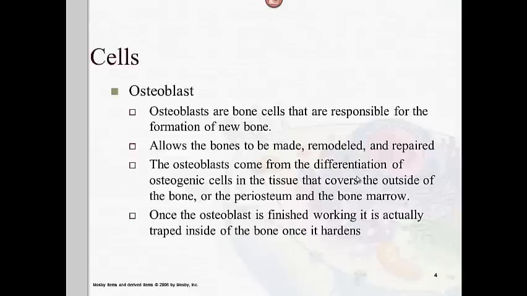They allow the bones to be made, remodeled, and repaired. The osteoblasts come from the differentiation of osteogenic cells, and they basically finish working to harden the bone during the mineralization period.